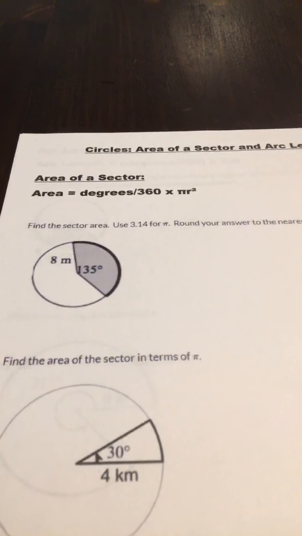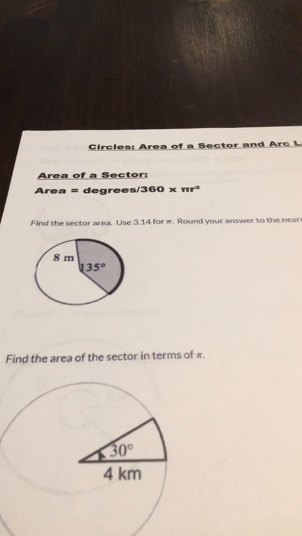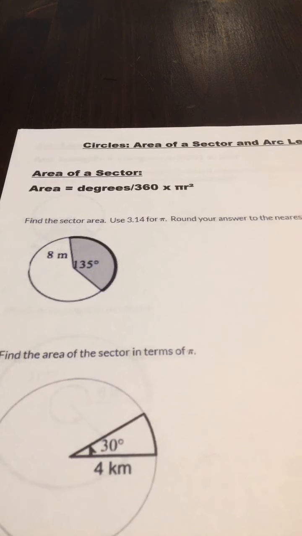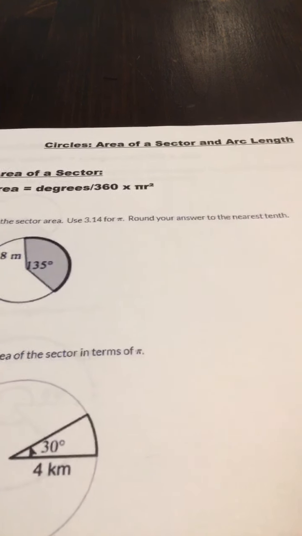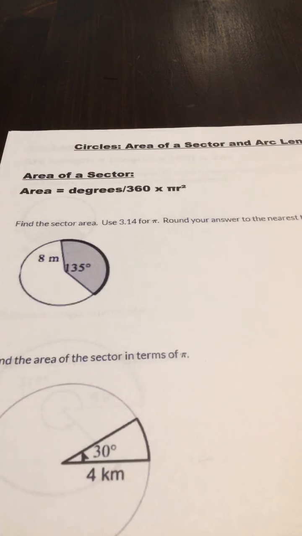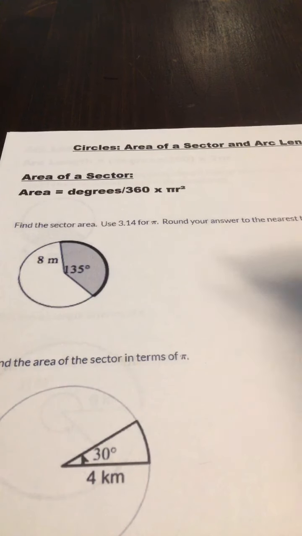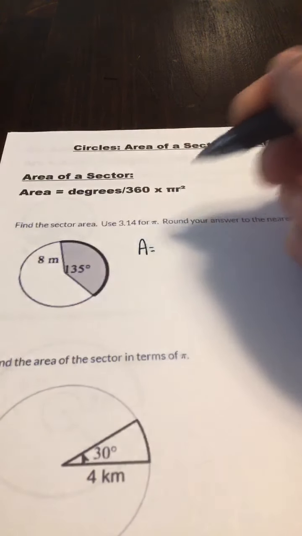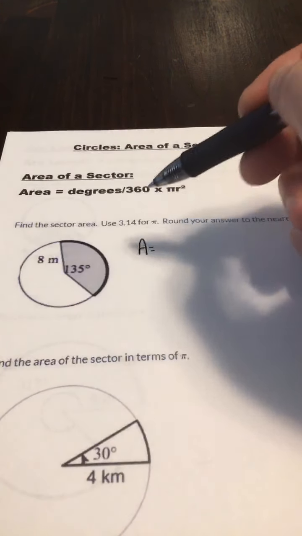So here we go, let's do this first one. It says find the sector area, use 3.14 for pi, round your answer to the nearest tenth. Remember, the tenth place is one place value behind the decimal. Let's set our problem up. Area equals degrees divided by 360.